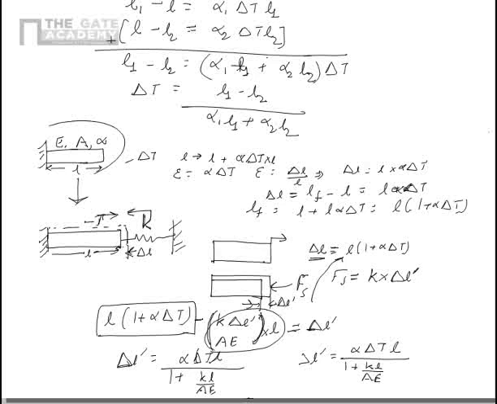So the spring constant has to be such that it matches the required change in length. If we have to restrict the change of length to a small number, then the spring constant has to be a very high number. You can see spring constant is inversely proportional to delta L dash here. So if you want to stop expansion, then a very stiff spring has to be used.